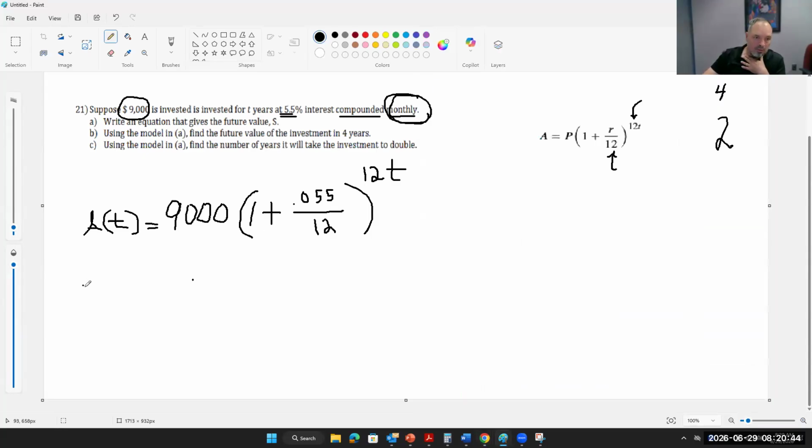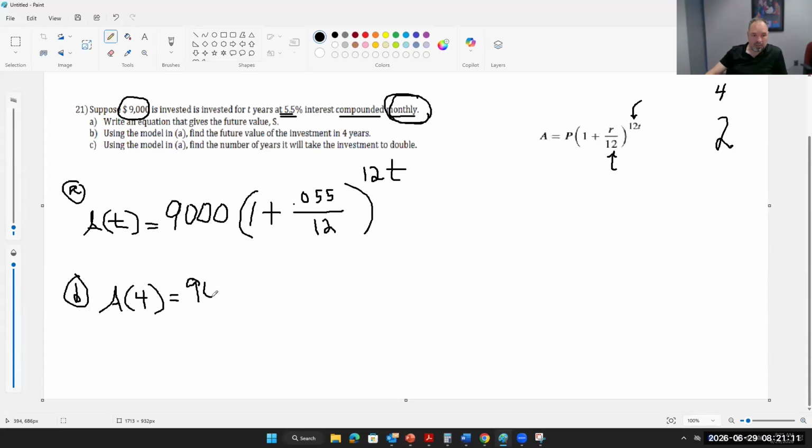Okay, so that said, that's part A. Part B, we're being asked to use the model to find the future value of the investment in 4 years. So that's just a matter of plugging in a 4. And you're going to do this with your scientific calculator. So I'm going to write it down, but then I'm going to go to my calculator.